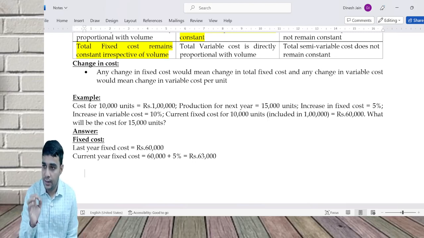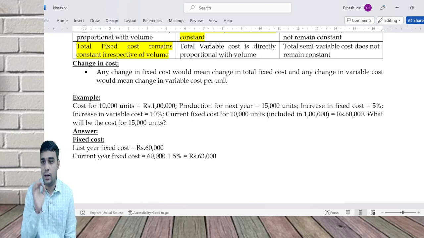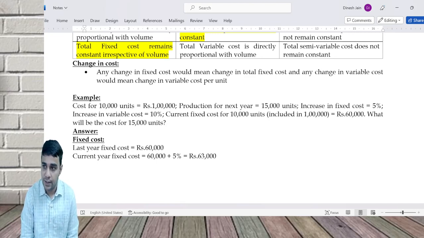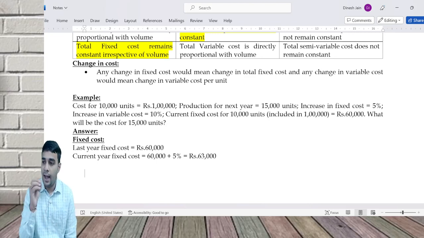Any change in fixed cost would have to be applied on the total fixed cost. Clear? Any doubts on this? I took the last year fixed cost, added the 5% on top of that and got the number. If they give you fixed cost per unit, don't apply the change on that.